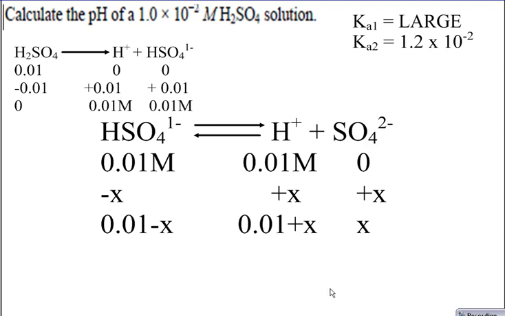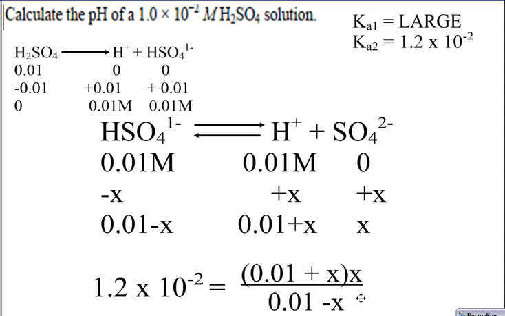You can hopefully remember that Ka equals the concentration of hydrogen times the concentration of sulfate divided by the concentration of bisulfate. So if I set this up, Ka equals 1.2 times 10 to the minus 2, and that equals 0.1 plus X, that's for the hydrogen, times the sulfate, which is X, divided by the hydrogen sulfate, 0.1 minus X. Distribute, and we get this.